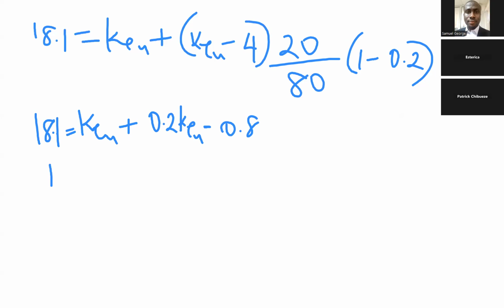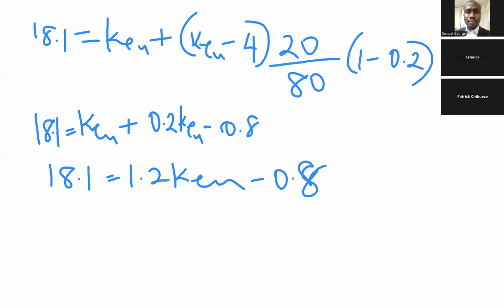So we can write it like this: 18.1 equals 0.8 plus 1.2 KEU. Do you agree? This is just some maths, minus 0.6. Yes, we can go ahead. KEU plus 0.2 KEU will give you 1.2 KEU, basically. Yes, exactly.